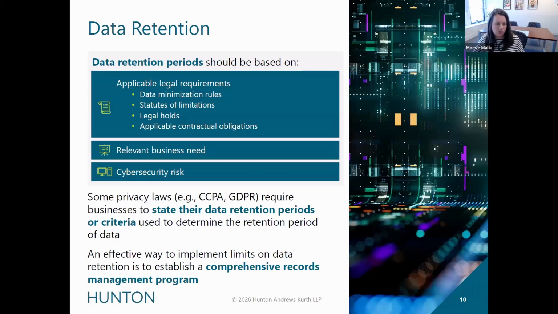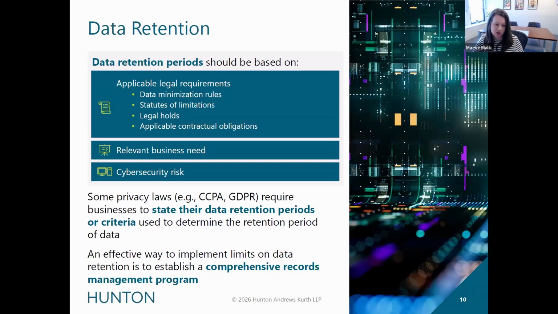There are also literally thousands of sources of legal requirements around records retention in the US and abroad that govern how long organizations have to retain different types of business records that may or may not include personal data. In the US alone, there's over 13,000 different sources of records retention requirements at the federal and state level, which is a little bit different than the more limited set of data minimization rules we see among the states.